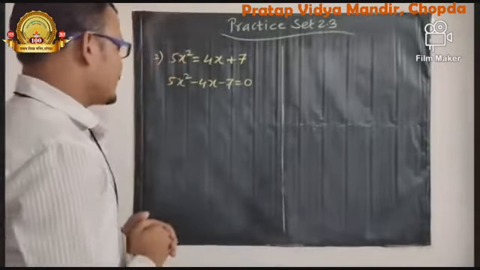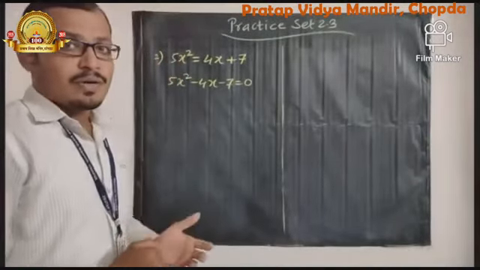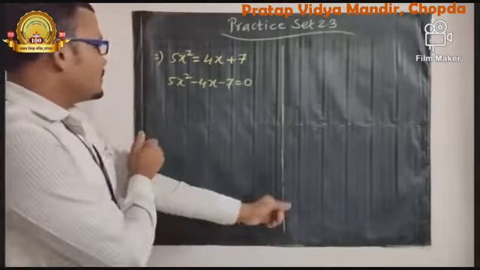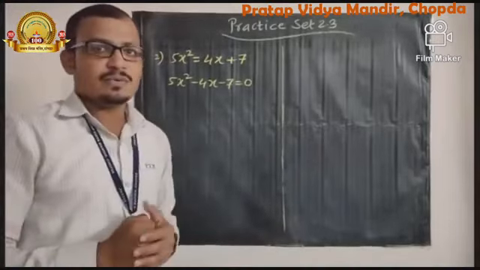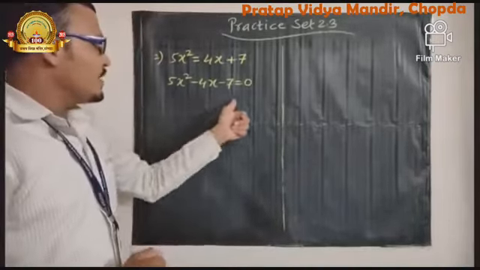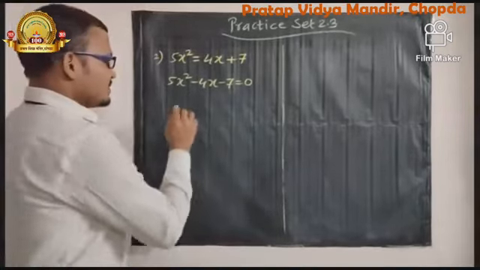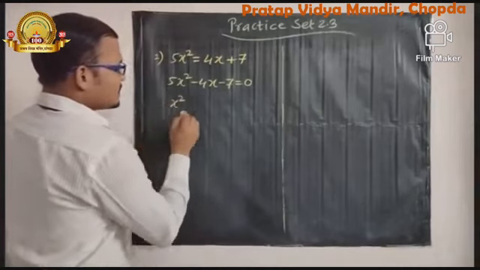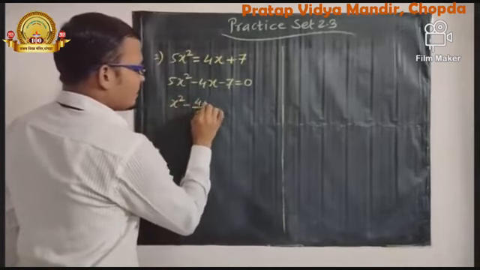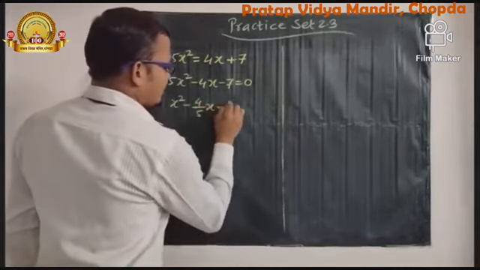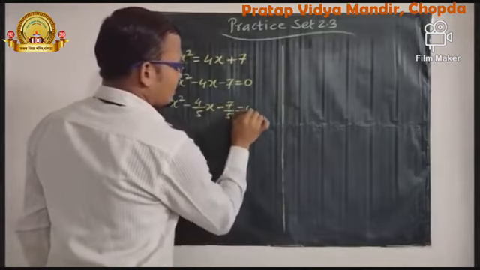And this is the standard form of the quadratic equation. Now what we have to do, we have to make the coefficient of x² as 1. For that we have to divide this whole equation by 5. Hence our equation becomes x² - (4/5)x - 7/5 = 0.